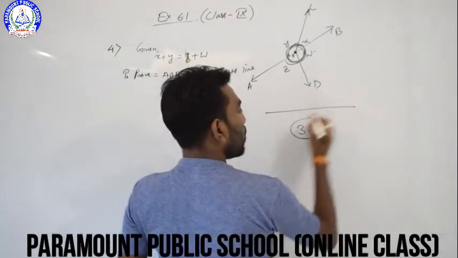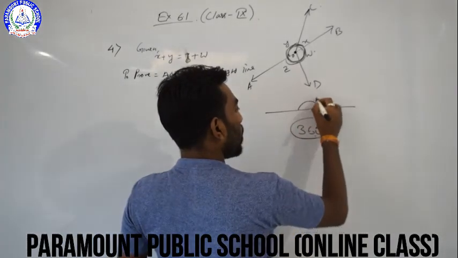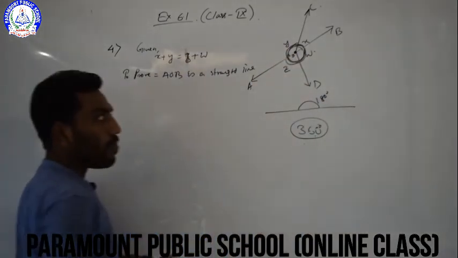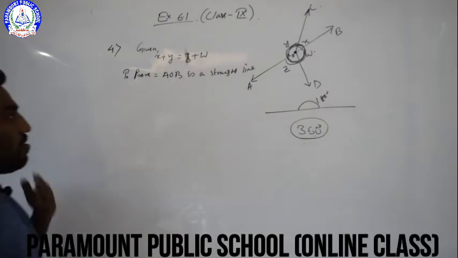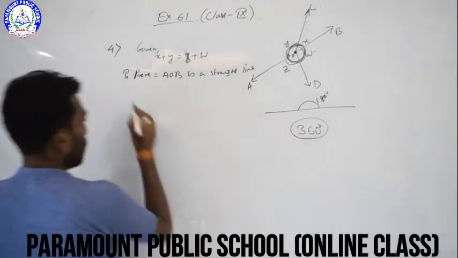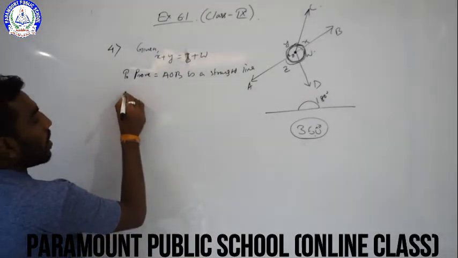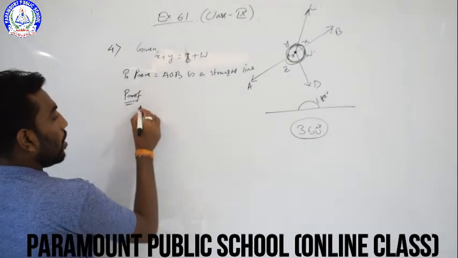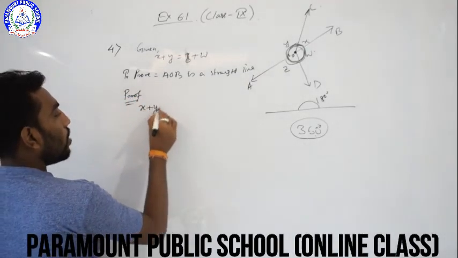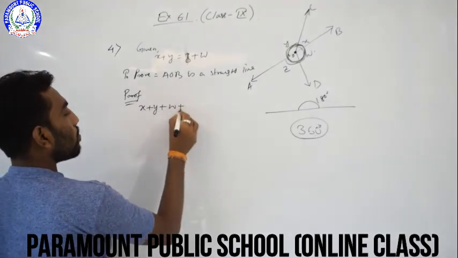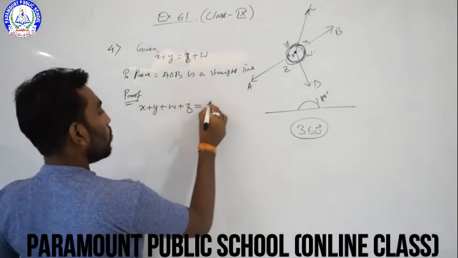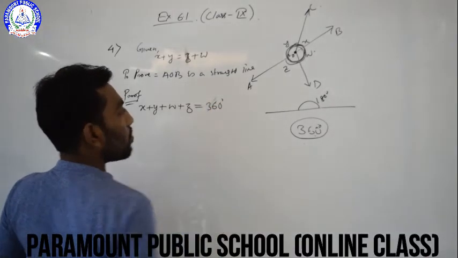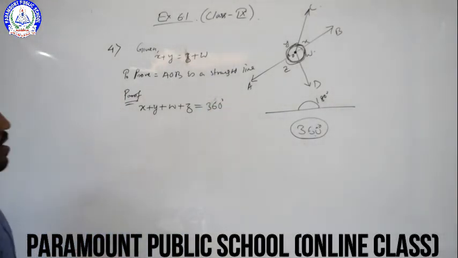And if we consider a straight line, our half angle is 180 degree. So our total sum is 360 degree. So we can write x plus y plus w plus z is equal to 360 degree, since this is a complete angle.